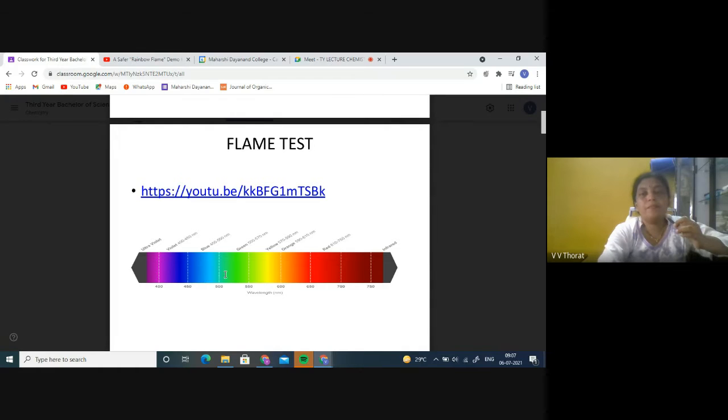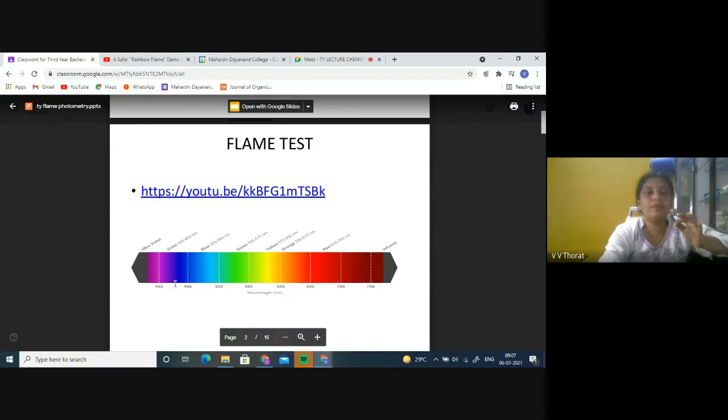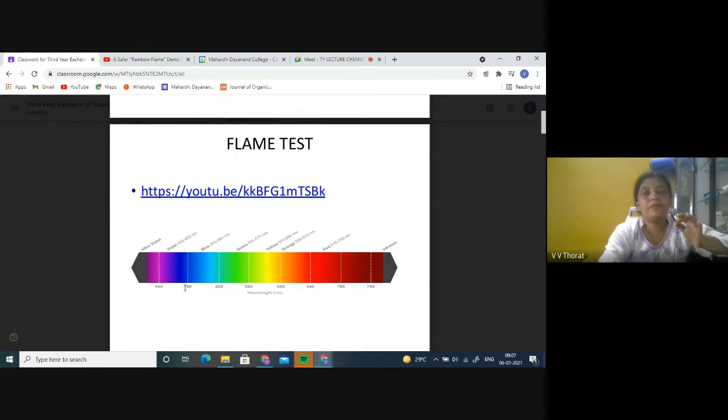If a compound is giving bluish green, copper, it means it is emitting light of 500 nanometers. If it is giving apple green, it is 550 nanometers. So instead of getting confused with the color, the flame photometer will display the wavelength.